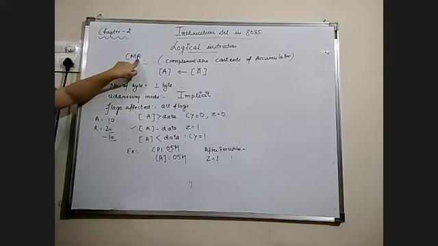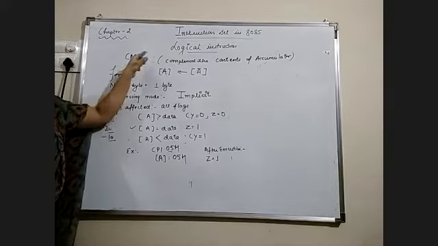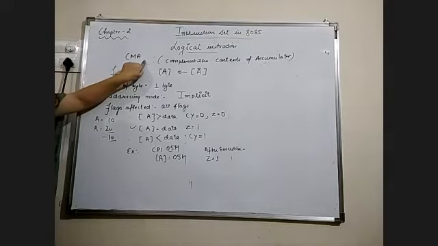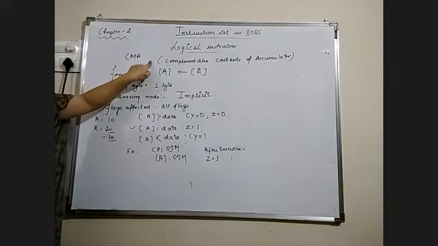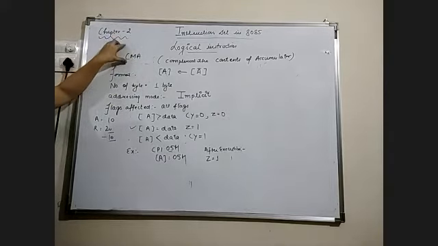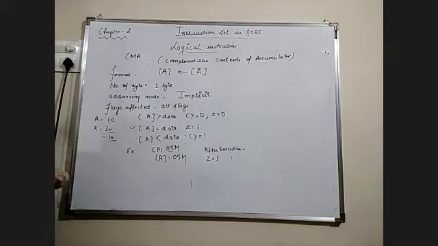The accumulator is part of the instruction. No register name, no address, and no data is explicitly defined. So we have only the opcode. That means the addressing mode of this type of instruction is implicit addressing mode.